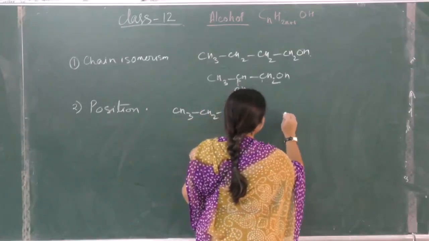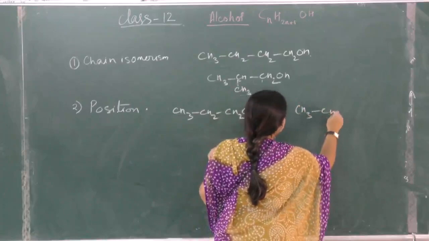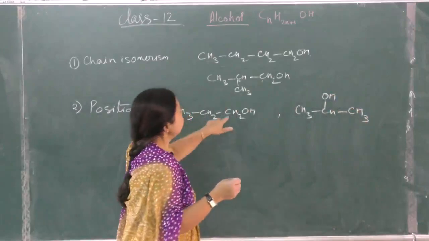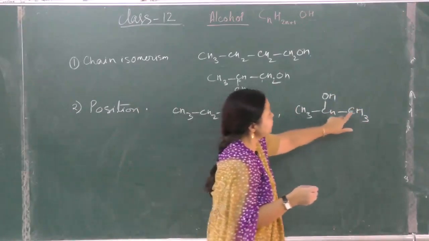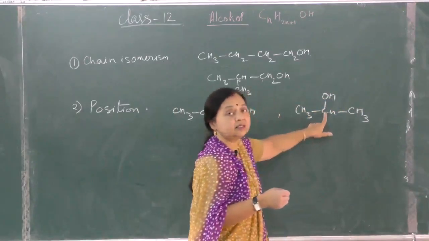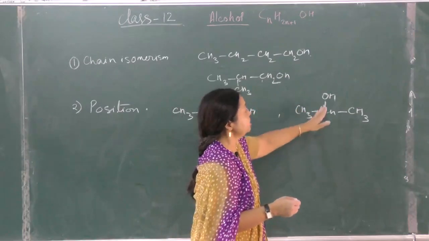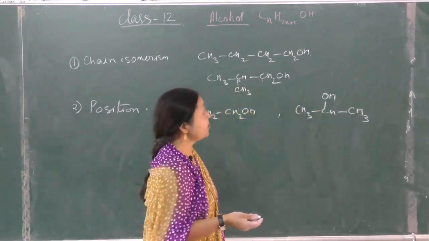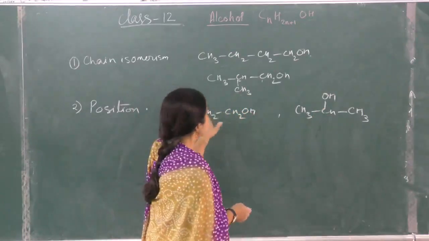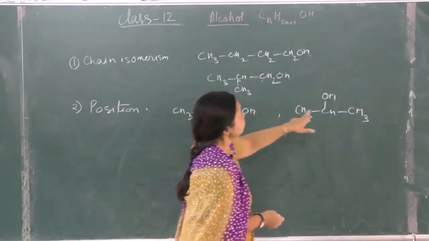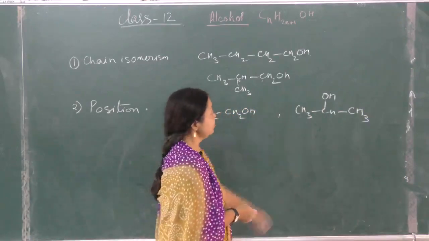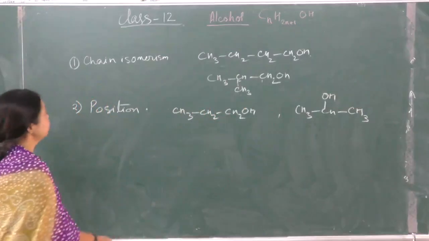See, CH3CHOHCH3 is isopropyl alcohol, which we were just discussing. So CH3CH2CH2OH and CH3CHOHCH3: the OH changes position to the secondary carbon. These two are position isomers. This is propan-2-ol or isopropyl alcohol, and this is simple propanol. This is a straight chain with the functional group terminal, a primary alcohol. In the other, the functional group is on the secondary carbon, so it is a secondary alcohol. These are examples of position isomerism.